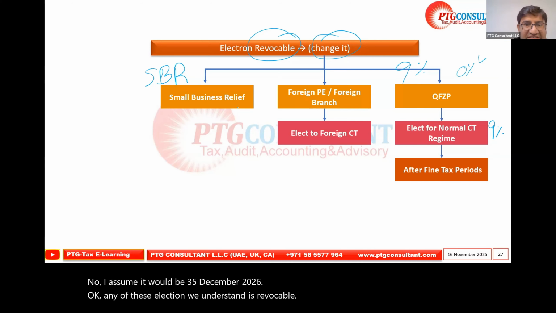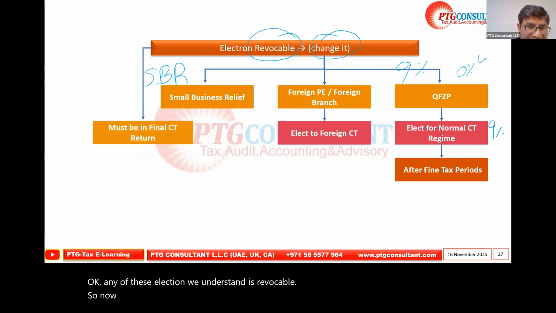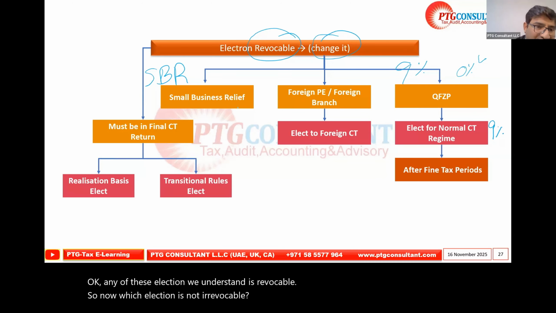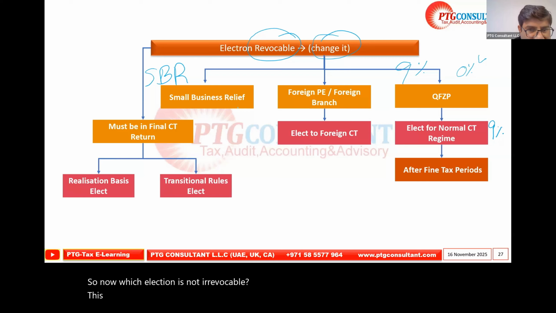So now, which election is irrevocable? Just now we saw in the city return, the realization basis. It must be in the first city return.